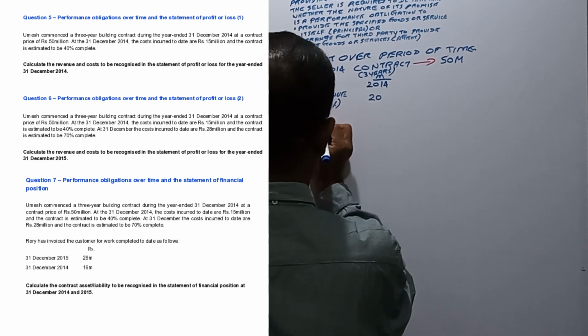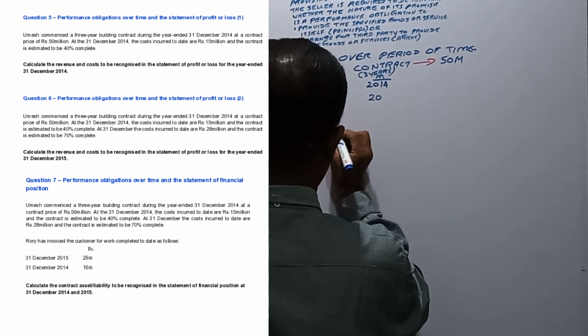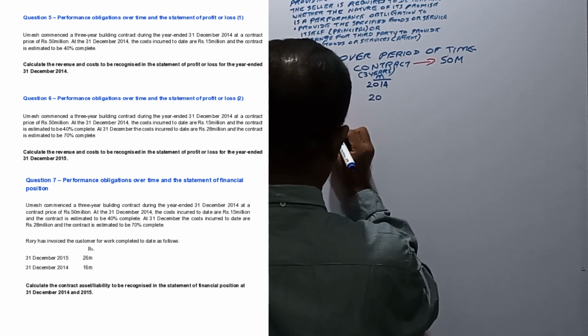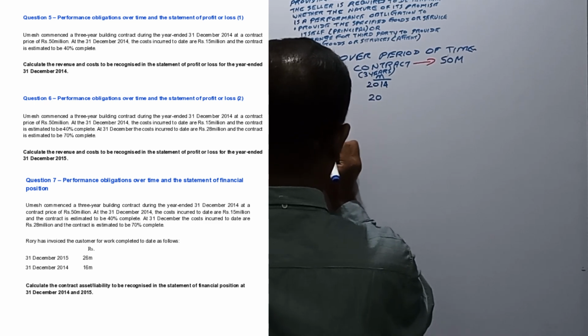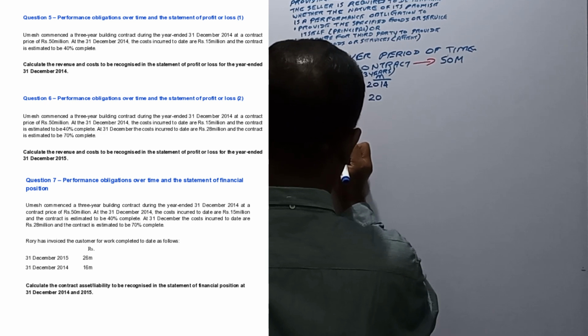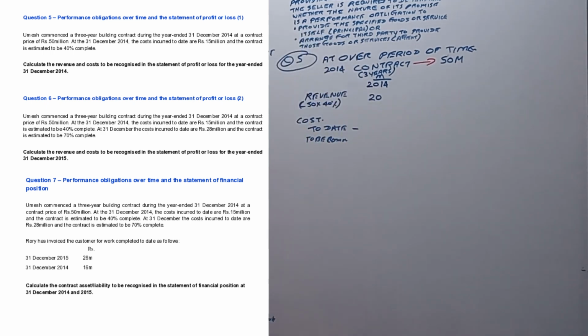Cost to date and to be completed, right? To date, how much is the cost? The cost incurred is 15 million.